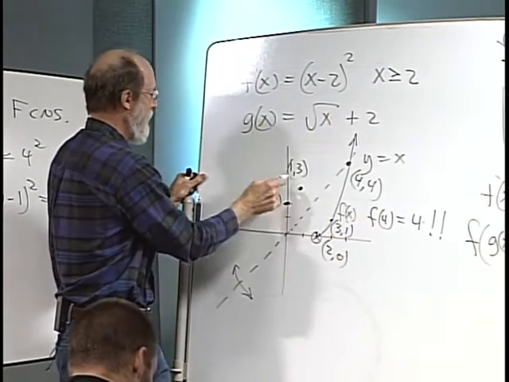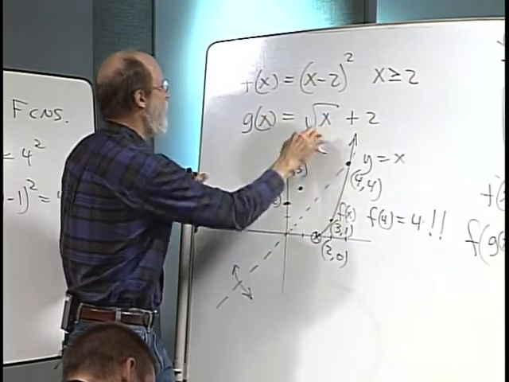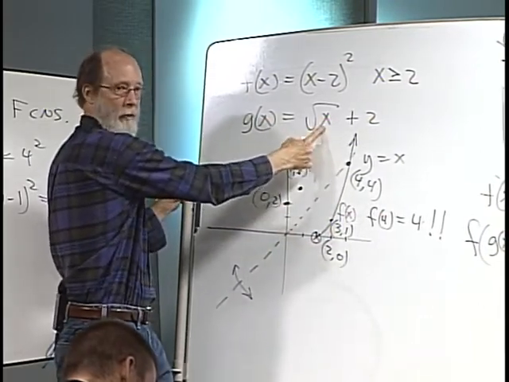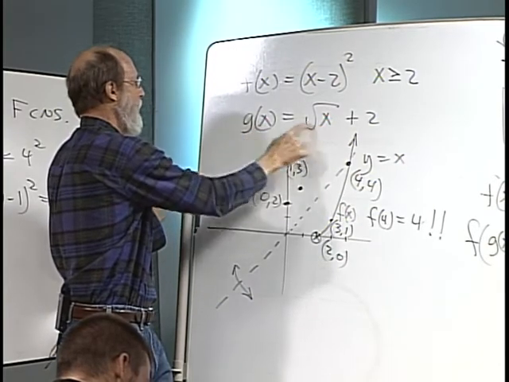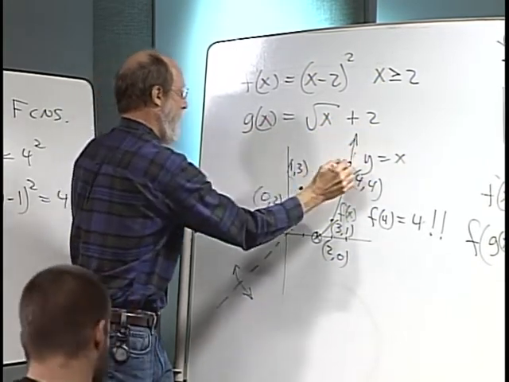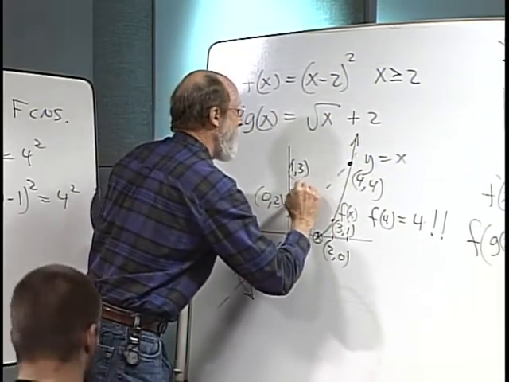Everything's looking good. And then when we put a 4 in here, folks, on your g function, g of 4 is 4. It's the same point. So we get the graph looking like this.